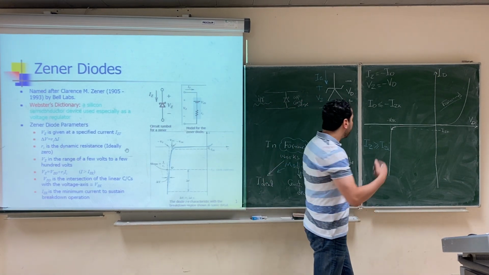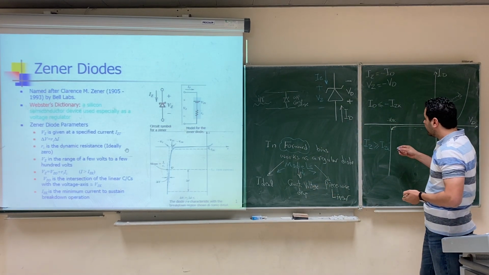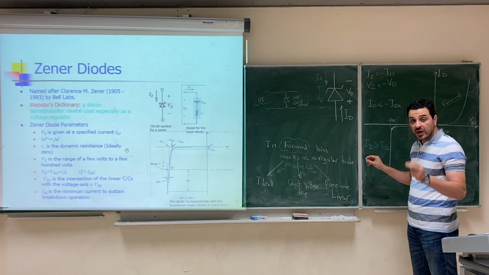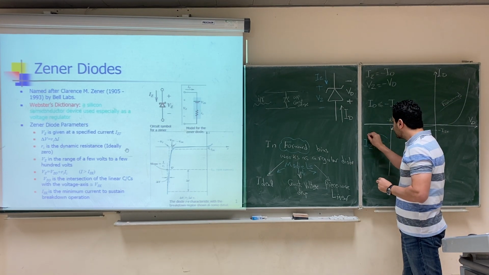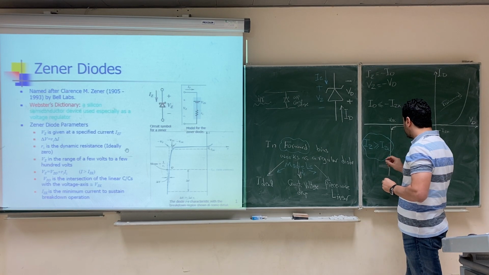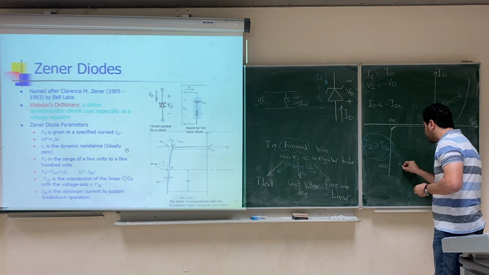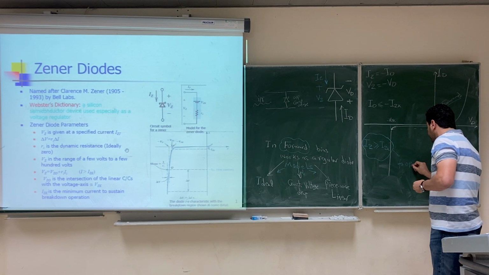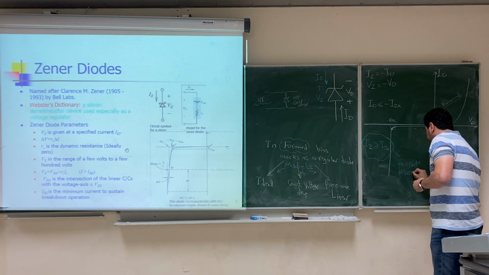So here, the first important piece of information is that in order for breakdown to happen, in order for the Zener diode to work in the breakdown region, this is the condition to operate in the breakdown region.